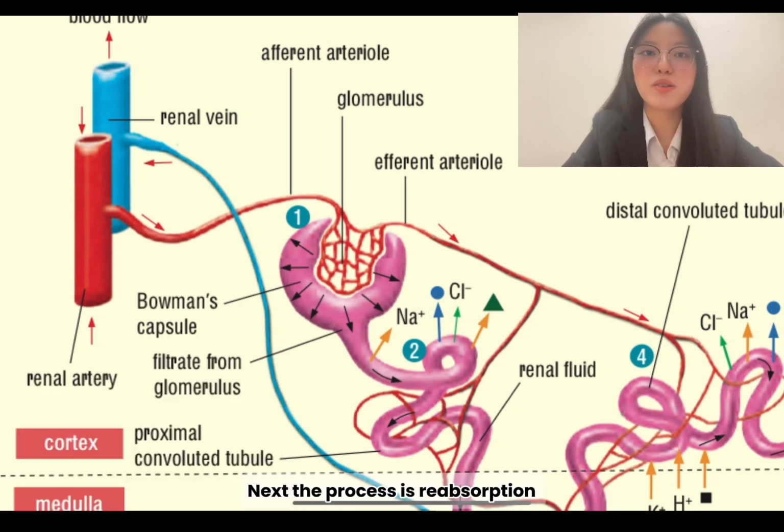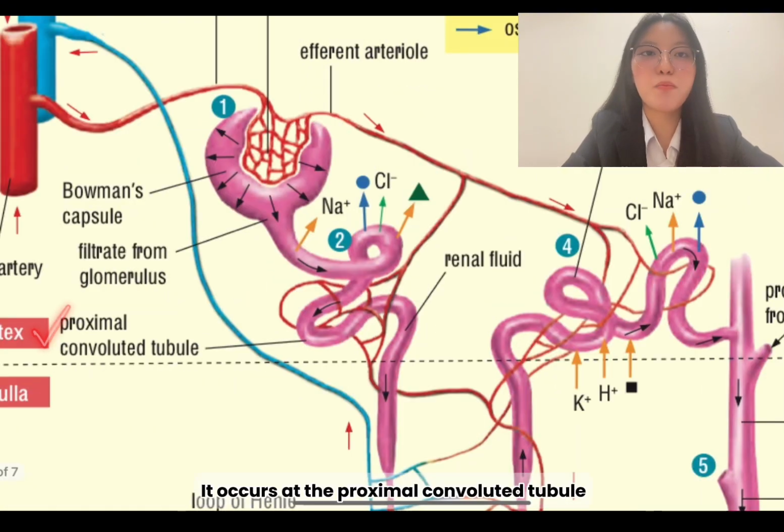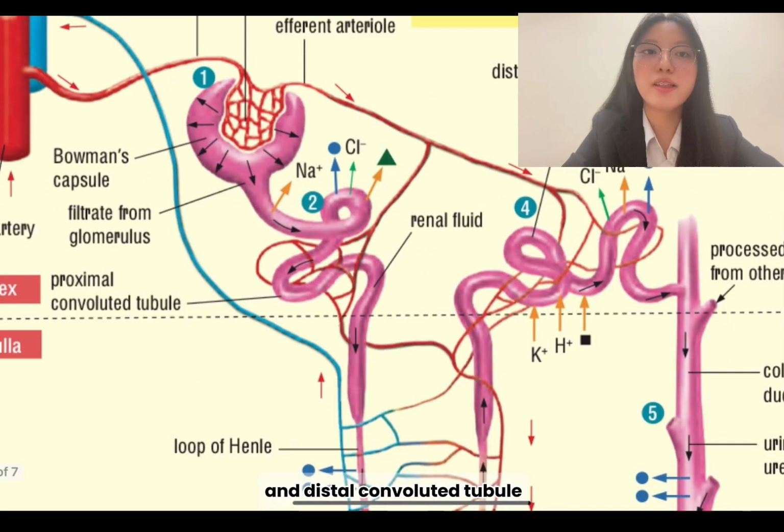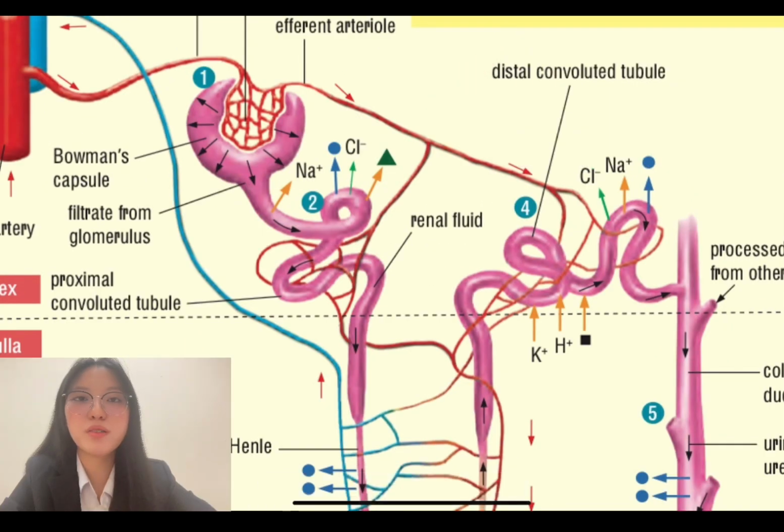Next, the process is reabsorption. It occurs at the proximal convoluted tubules, loop of Henle, and distal convoluted tubules. Reabsorption of the glomerular filtrate occurs along the renal tubule. The dissolved substances permeate across the renal tubular walls into the blood capillary network.